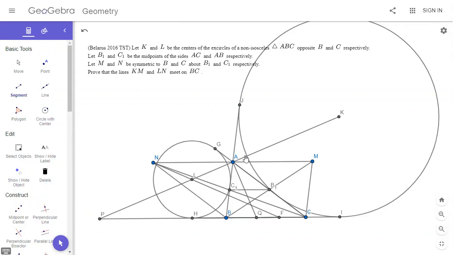That's a known fact. And so the four points B, C, Q, and P are in harmonic conjugation.